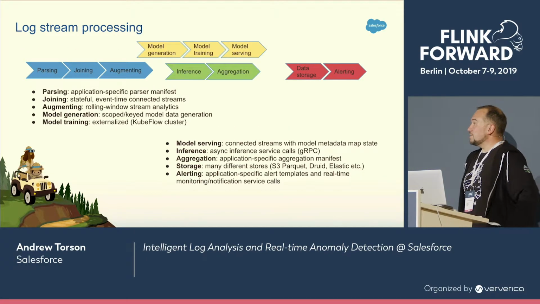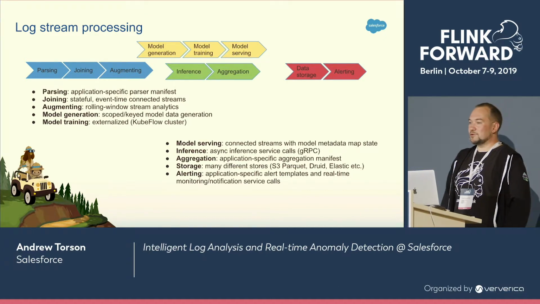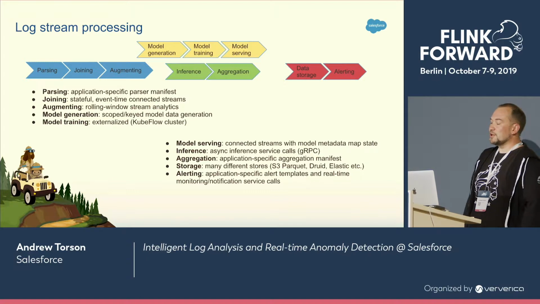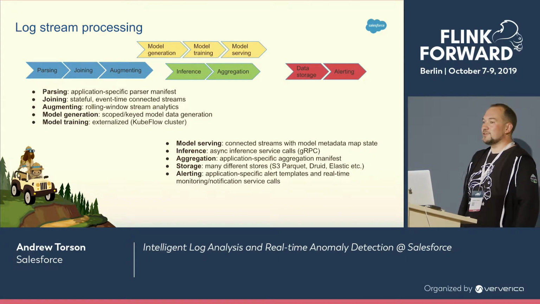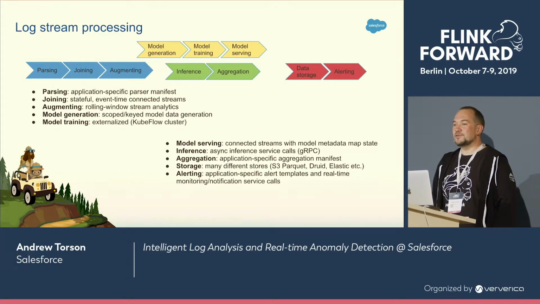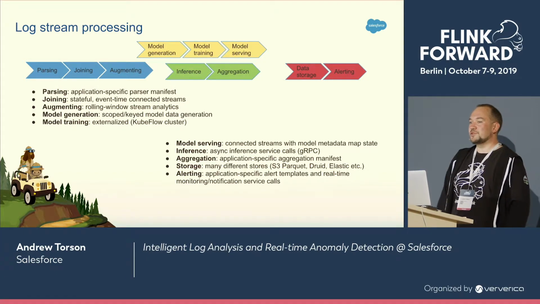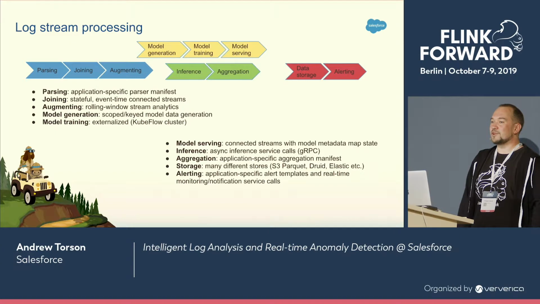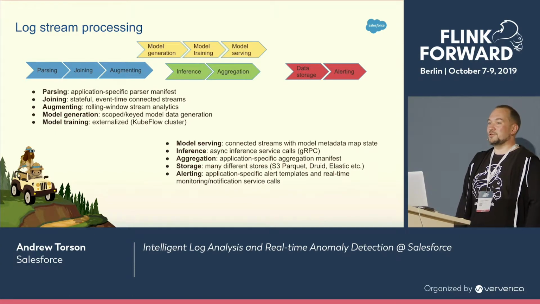So this is what we ended up building, and most of it is actually Flink jobs. Because it's a multi-tenant platform, we have to define a set of generic jobs that can be configured per tenant per their use case. It basically means that there is a piece of configuration that we call a manifest, and the job can take this manifest without any new code.